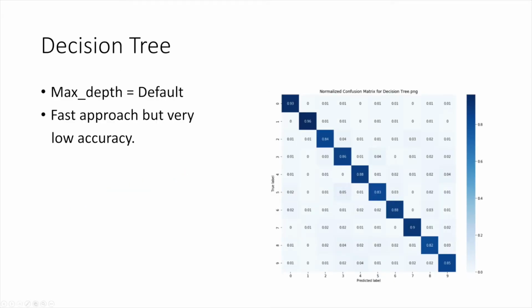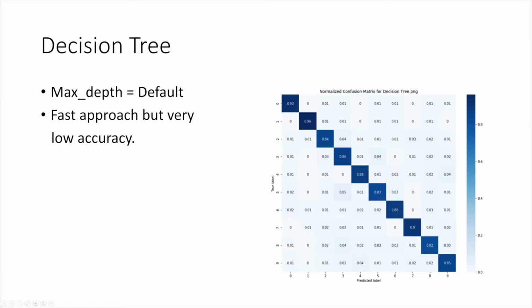I will explain how decision tree and random forest work in digit recognition in our project. First, we set the max depth of the decision tree to default, which means that all the nodes are expanded until leaves are pure.